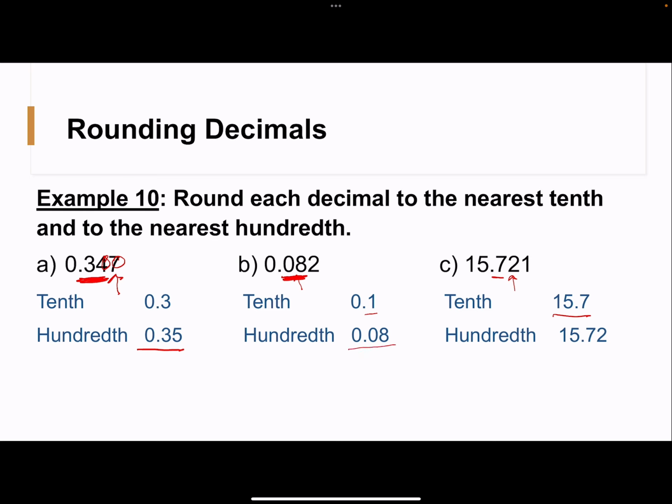My answer is 0.08. And the last one, part C, the 2 is in the hundredths place. I look to the right, that's a 1, so my 2 is going to stay the same. I get 15.72. I can't emphasize how important it is to be able to round decimals correctly.